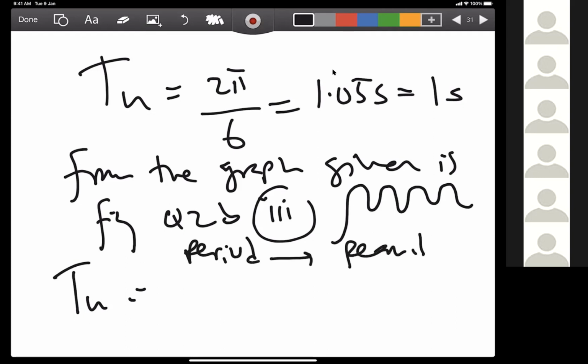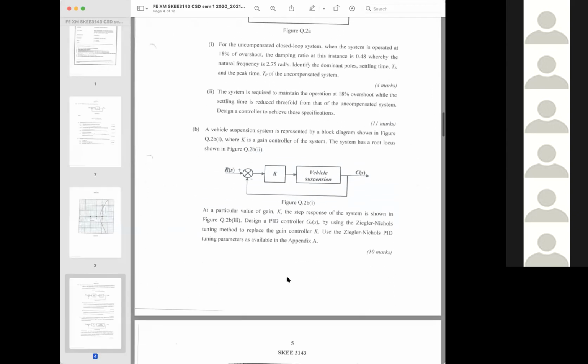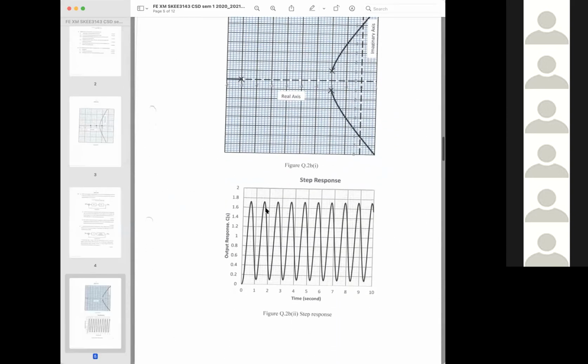Peak to peak is somewhere here, from here to here. Around 1 second.